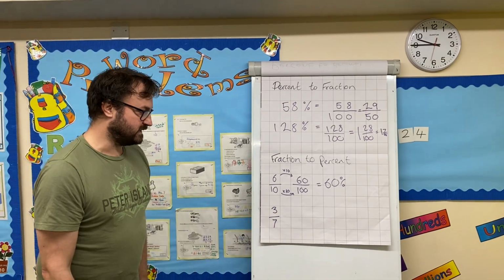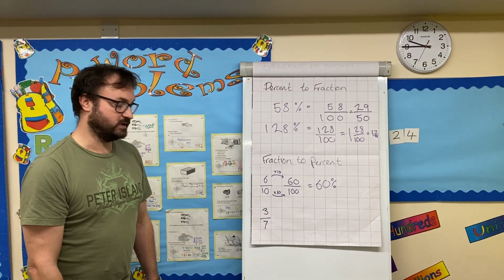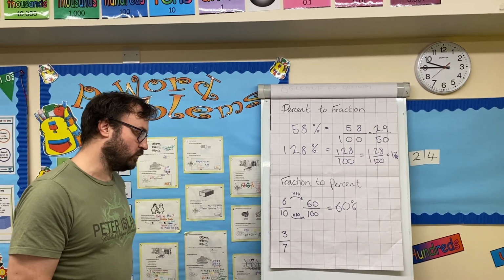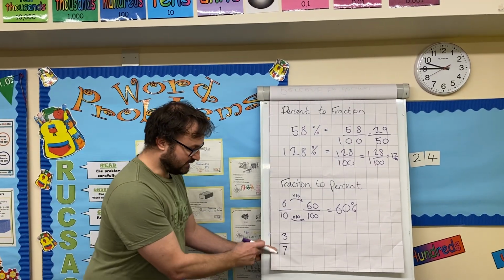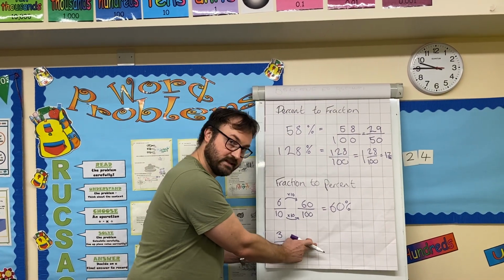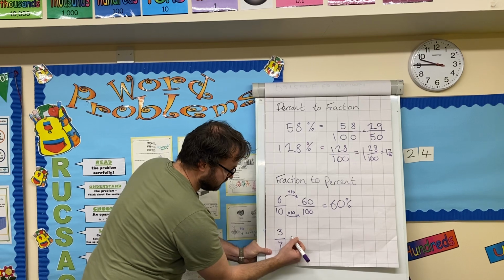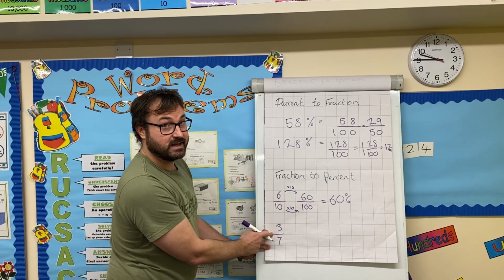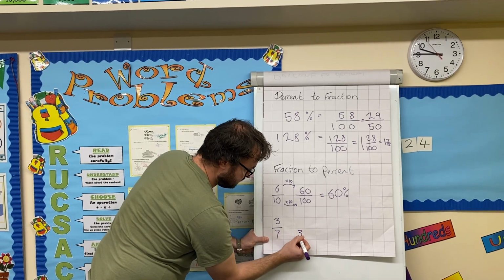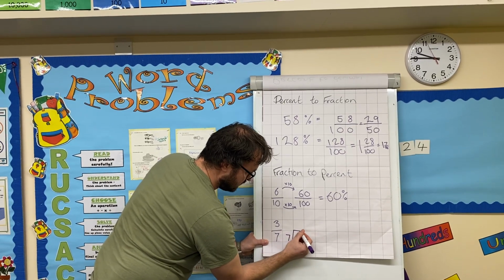Okay, well I know that 7 is not a factor of 100, so this is a slightly trickier way. There are a couple of different ways of doing it. What I'd recommend is converting that into a decimal, and then the decimal into a percentage. To find that as a decimal, we do 3 divided by 7.